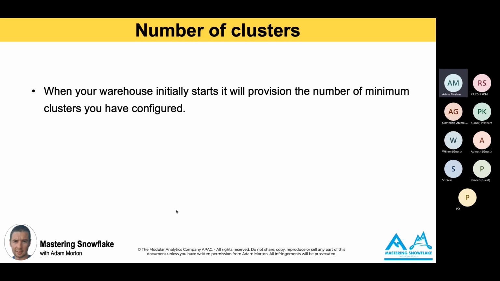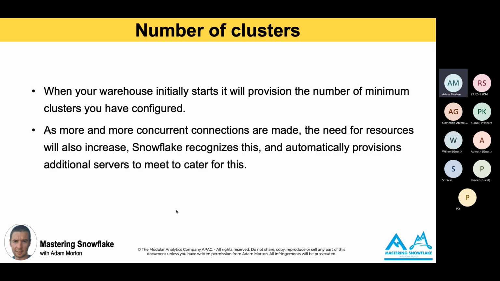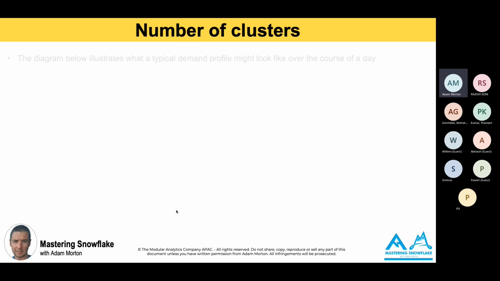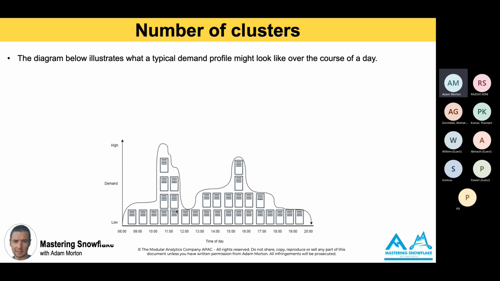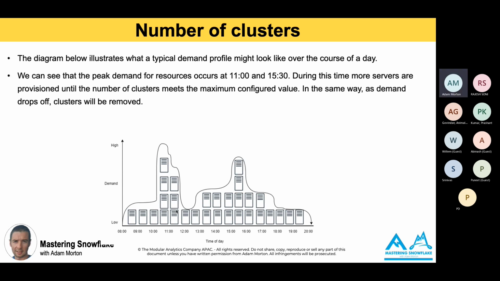Now, when your virtual warehouse initially starts, it will always provision the number of minimum clusters you configured. As more and more concurrent connections are made, the need for resources will also increase. Snowflake recognizes that, and then it automatically adds those additional servers to meet the demand. So this might look something like this. You can see here we've got a minimum value of 1 and a maximum cluster value of 4.